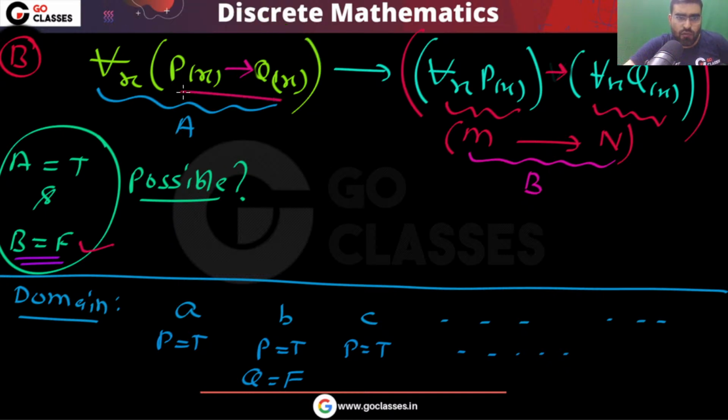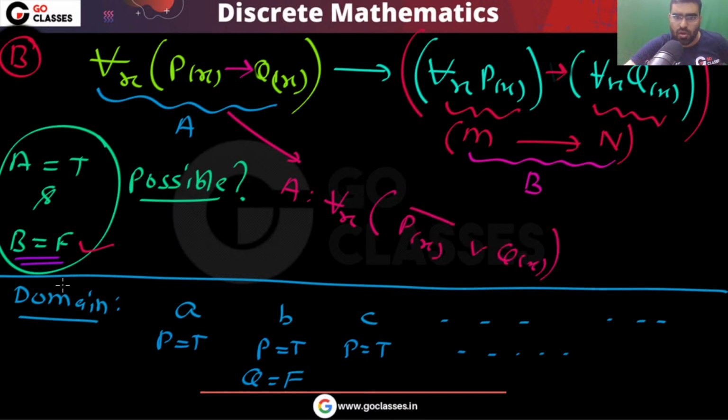What do I need to do? For every element, either P must be false or Q must be true. Yes or no? What is this A saying? This A is saying that for every element, either P must be false or Q must be true. But this is not possible, right?